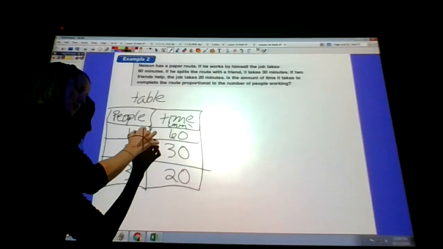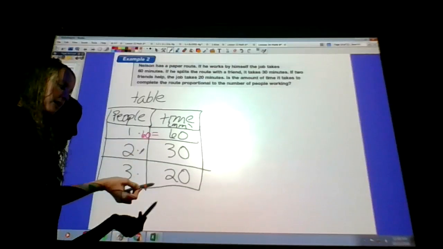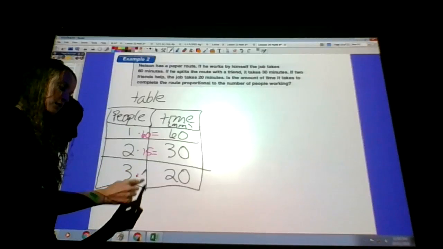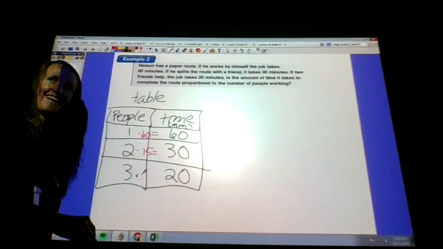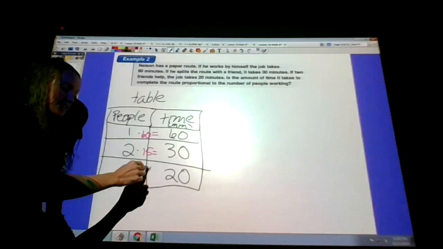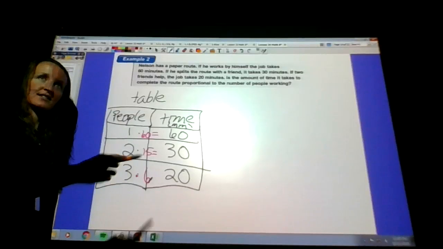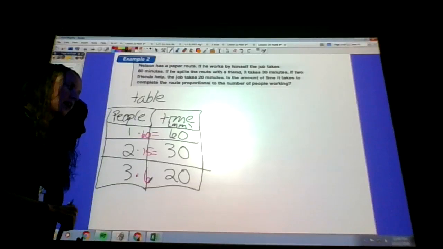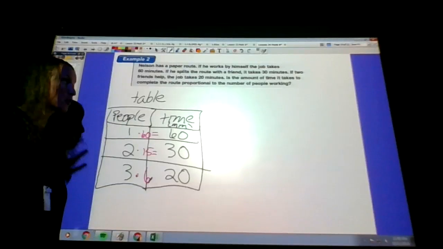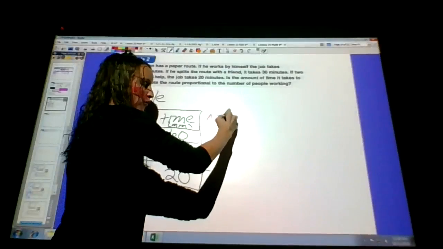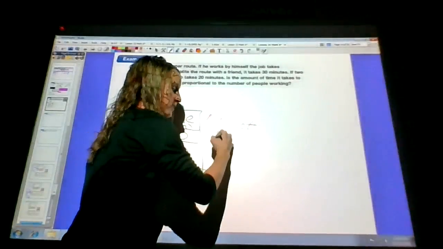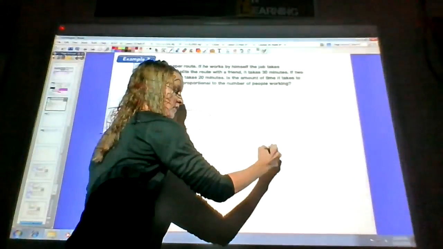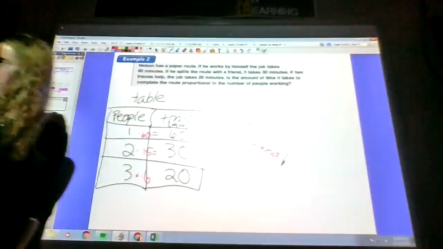No, because this one you're multiplying by 60, this one by 15, this one by 6 and 2/3 probably. It needs to be 15 for it to be proportional. So you'd say no, not proportional, because it's not multiplied by the same constant. Did I lose anyone?